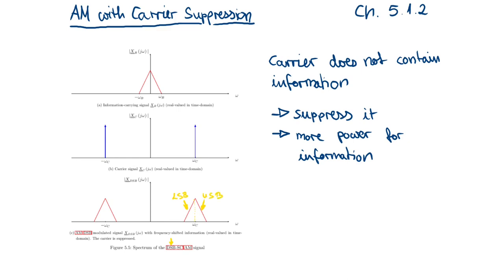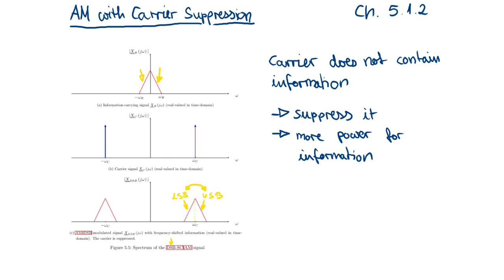Yeah, so both sidebands carry the same information. This comes from the baseband here. Remember that the baseband has to be symmetric if it is a real valued signal. So on the positive side and on the negative side there is the same information but just mirrored.